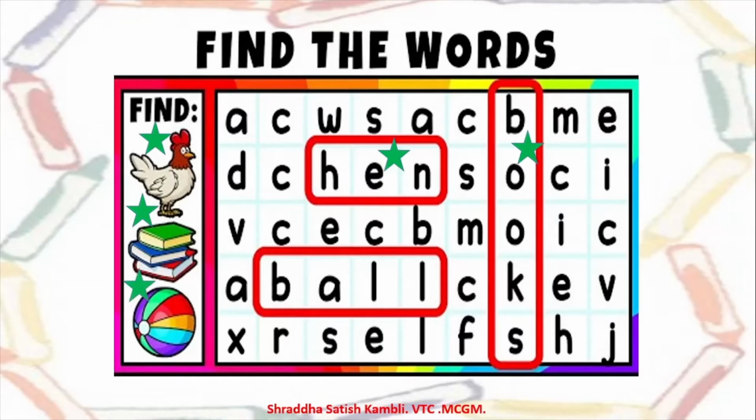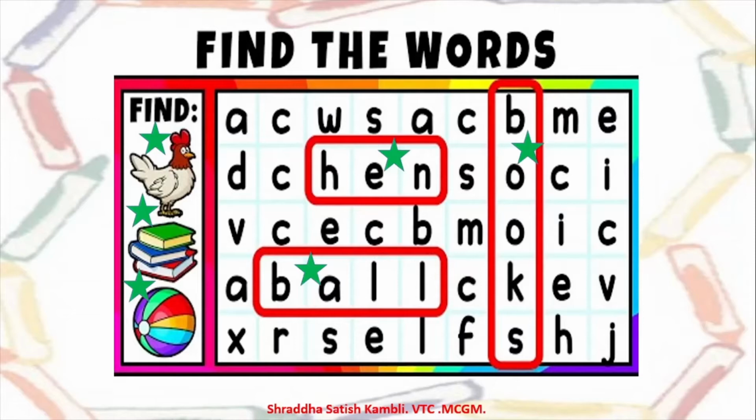Okay. And you have the word ball written here horizontally. So now you understood how sometimes for smaller children, you also have picture clues. So you look at a picture, you identify what the picture is, and then you search for the word as well in the grid. So this also improves your vocabulary a lot.